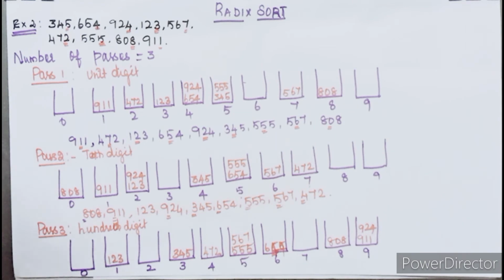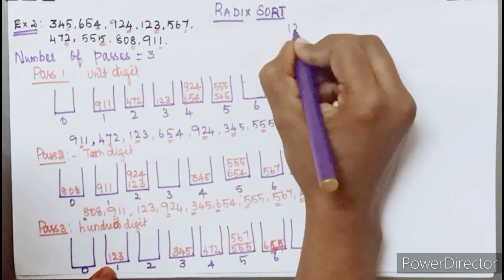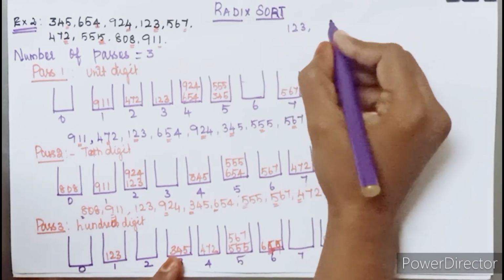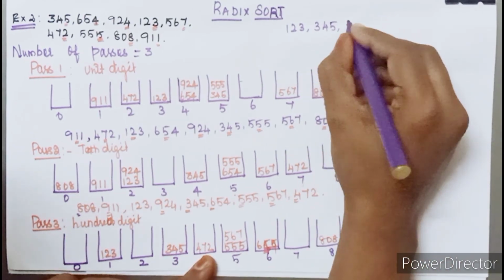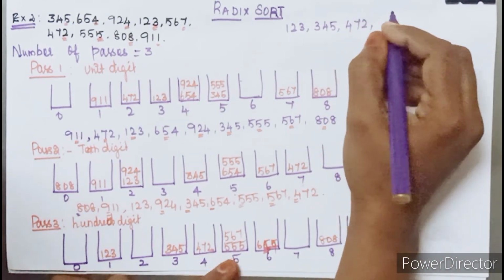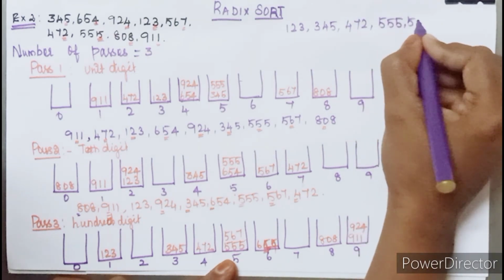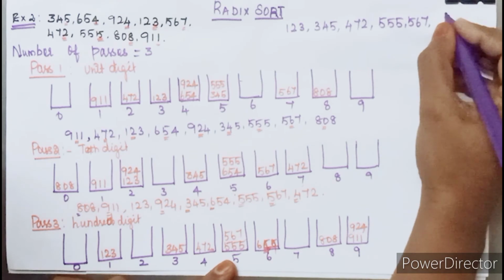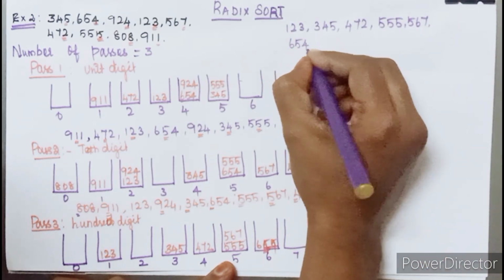So we have filled the buckets as per our sorting procedure. We have to collect the numbers out of the buckets. So let me collect the numbers and list them over here: 123, then 345, then 472, then 555, 567, 654.